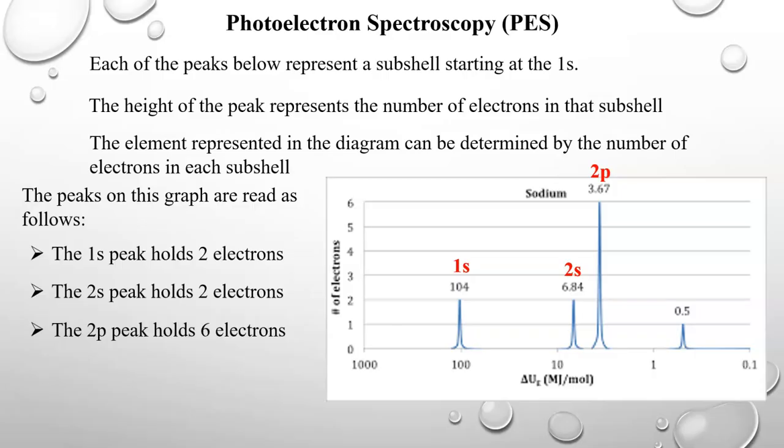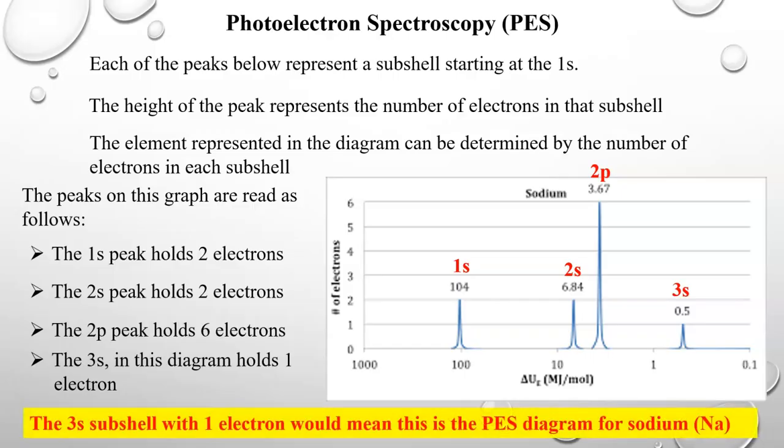The next one, the highest peak, has 6 electrons in it, and that's the 2p subshell. And finally, the last subshell there is the 3s. You can see that while it can hold 2 electrons, it's only holding 1. So you can identify this element. The 3s subshell with 1 electron would mean that the PES diagram above is for sodium, Na.